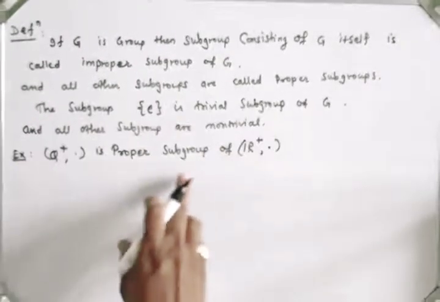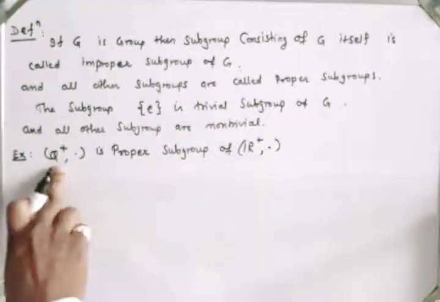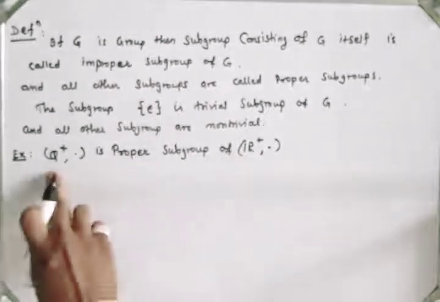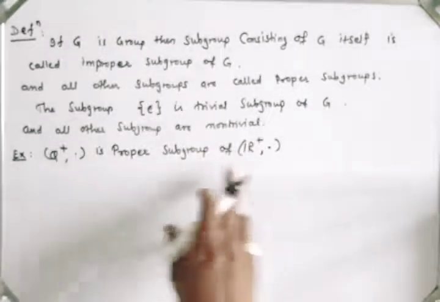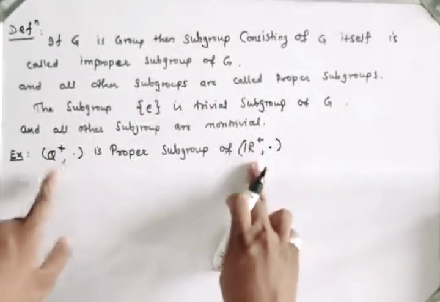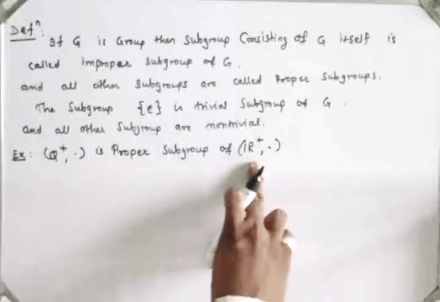So this is a proper subgroup, because the set of positive rational numbers and the set of positive real numbers are not equal. So Q plus is a proper subset of positive real numbers. Therefore Q plus under multiplication is a proper subgroup of positive real numbers under multiplication.